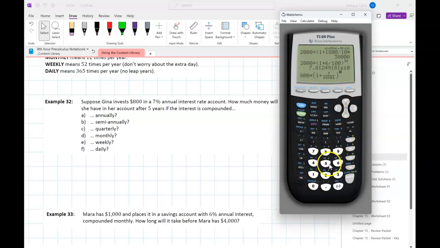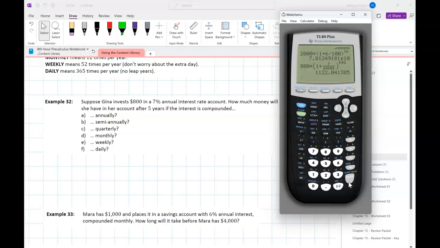Sound good to you guys? Put the times 1 on top. It's because the first one is annual. Annual is just once per year, so K is 1. And because I'm going to change it each time, I just wanted to put the times 1 in there so I don't have to add stuff later on. It's just me planning ahead.